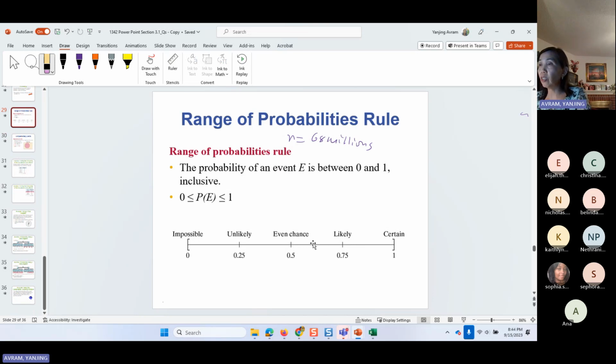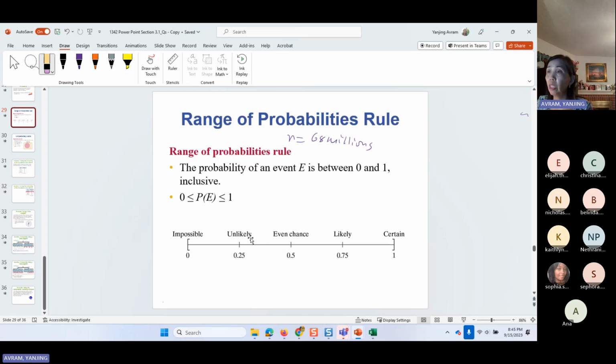And 0.5 is the even chance, 50-50, you've heard of that. And anything above 0.75 is called likely, or 0.9 is called very likely, right? And 1 means 100% going to happen, so that's certainly going to happen. That is how you use the probability to describe a certain event.